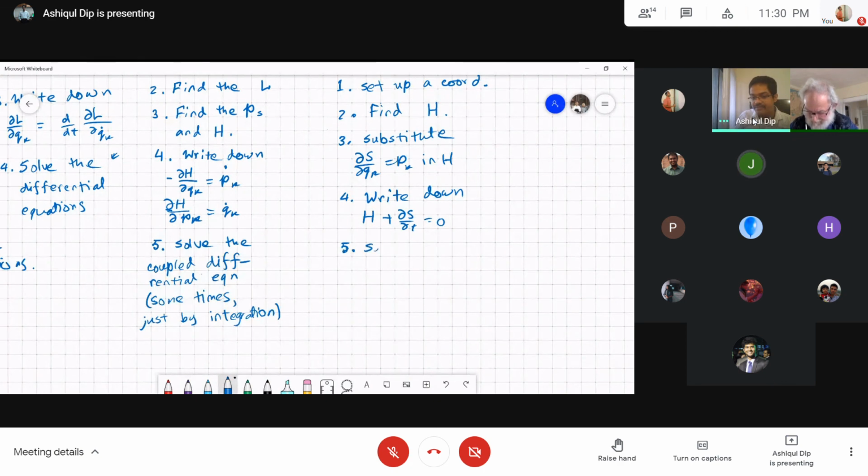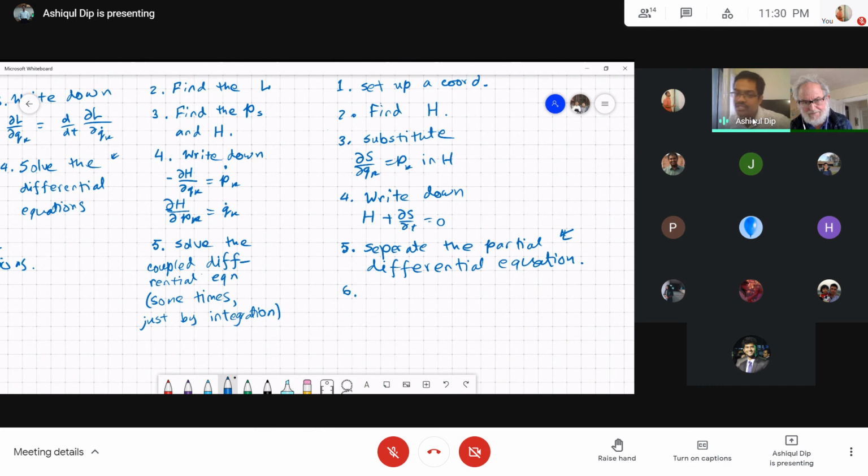Remember, this step is actually the most difficult step in Hamilton-Jacobi, separating the partial differential equation.